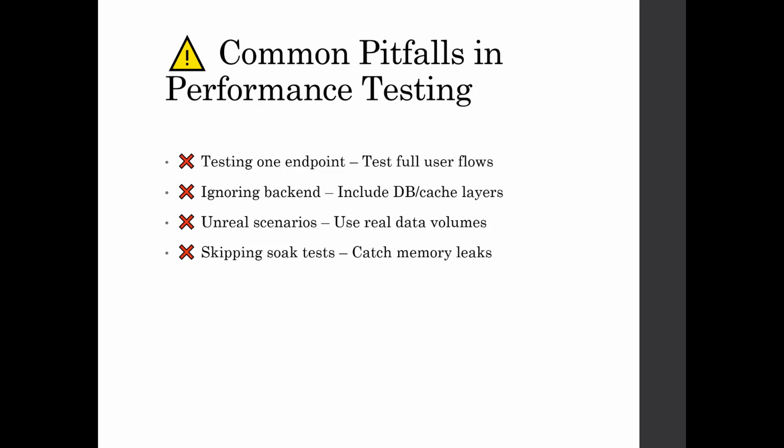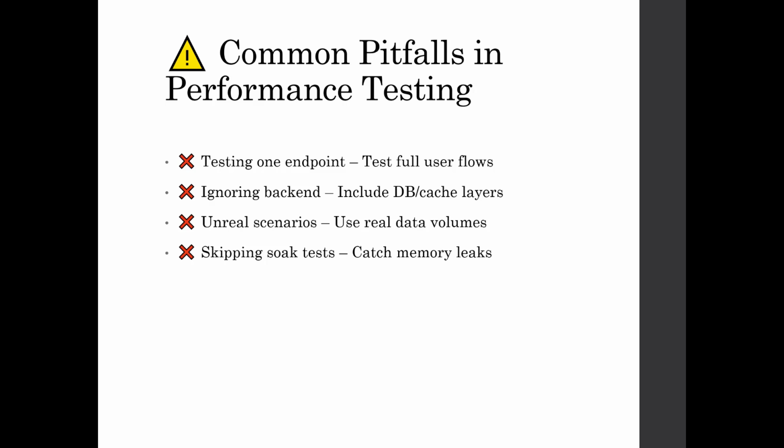So some common pitfalls, right? Some mistakes to avoid that would be outside of our best practices. We want to test more than one endpoint. Be sure to test end-to-end workflows. Remember thinking about the critical path that the user would take through your application. That's what we want to test.